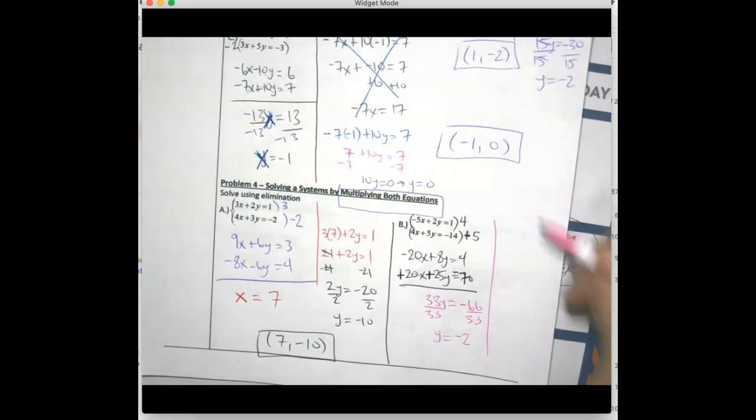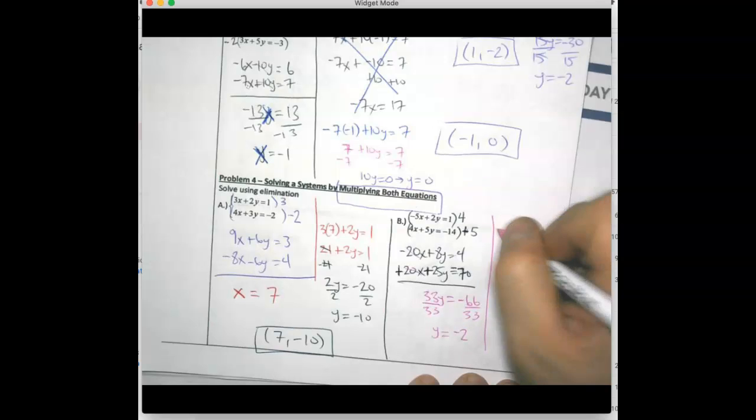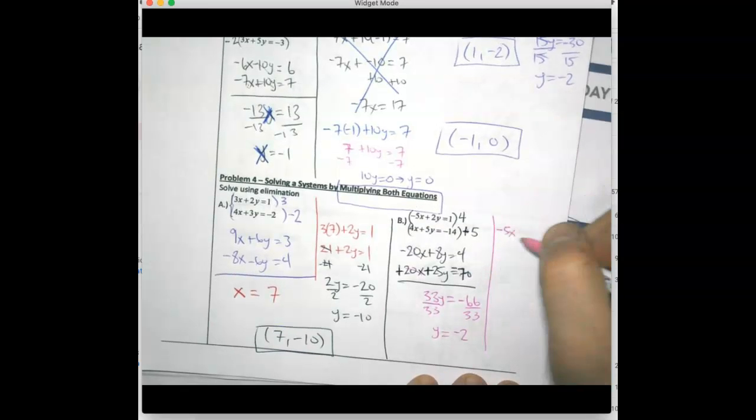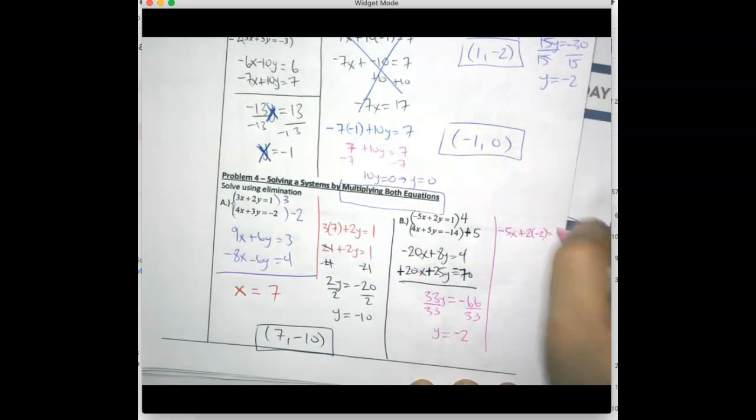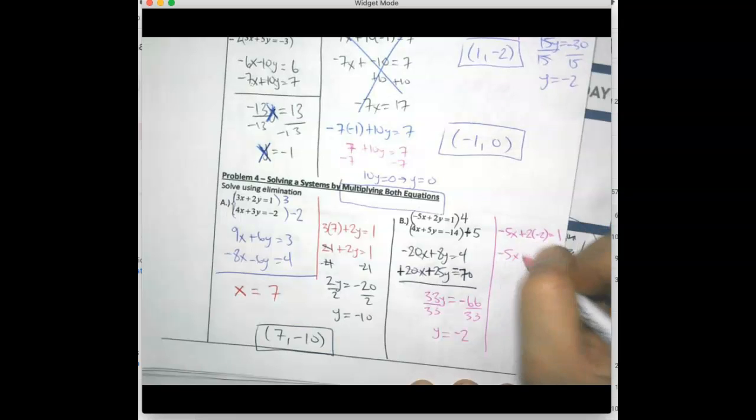Now that I know that y is negative 2, I can plug it into one of the original equations. I'm going to plug it into the top. So negative 5x plus negative 4 equals 1.